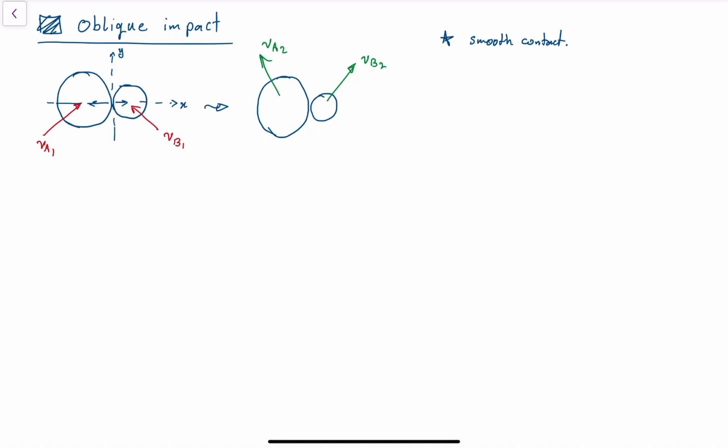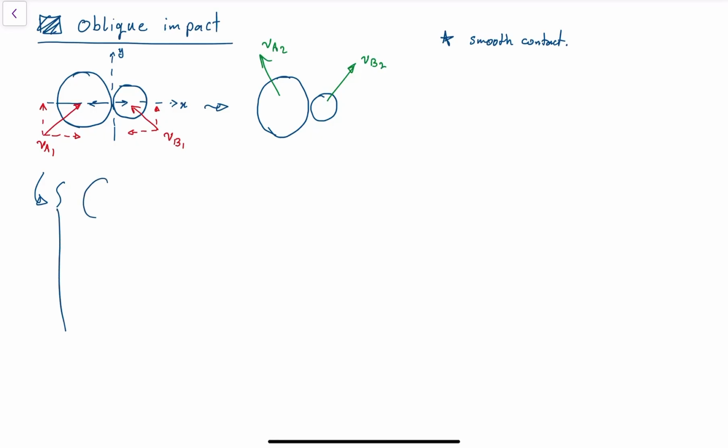So you would expect nothing to happen to the momentum of each of these particles in that direction. In other words, you can find the components of the velocity of each of these along x and y and simplify your problem. So this becomes two problems.